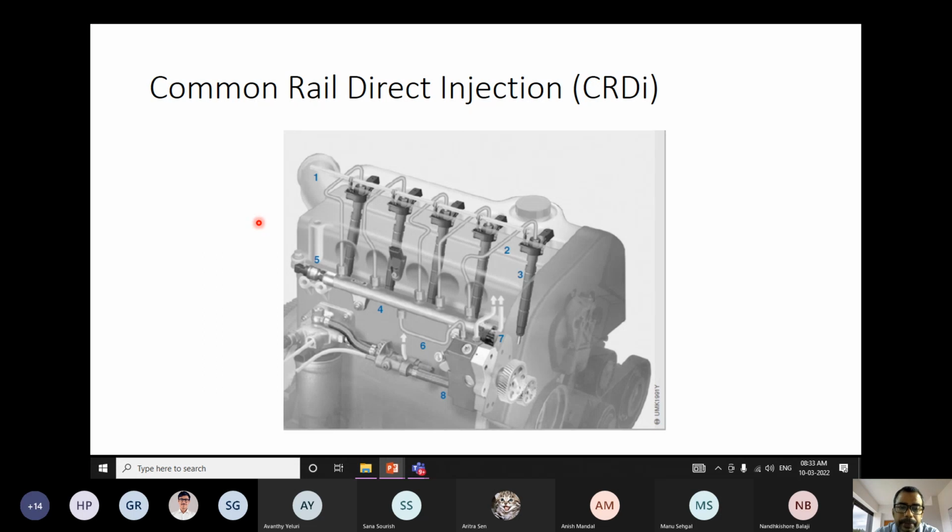But over time, a lot of development has taken place in the technology, and most important in the manufacturing sector, because these injectors are highly precise and a fine example of the modern manufacturing system. So with the advent of the technology and precise manufacturing systems, the common rail direct injection systems came into the market.